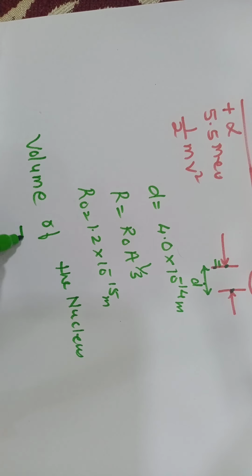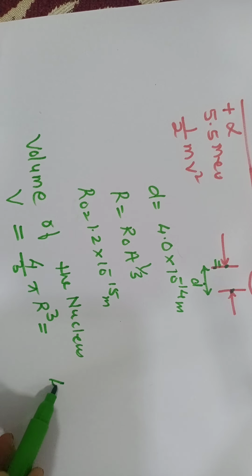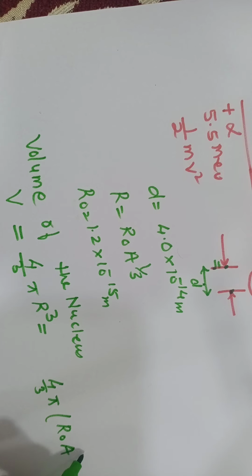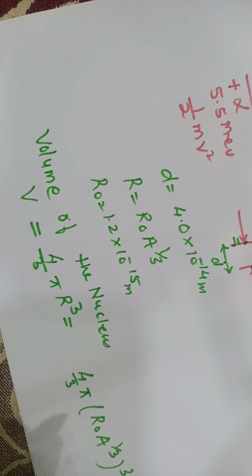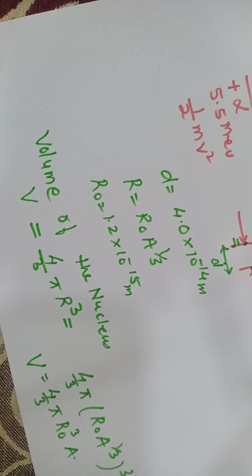The volume of the nucleus will be V equal to 4 by 3 pi R cube, and we can put this R here, so it will be 4 by 3 pi R0 A to the power 1 by 3 and then cube. So when we solve this, it will become 4 by 3 pi R0 cube A. This is the volume of the nucleus.